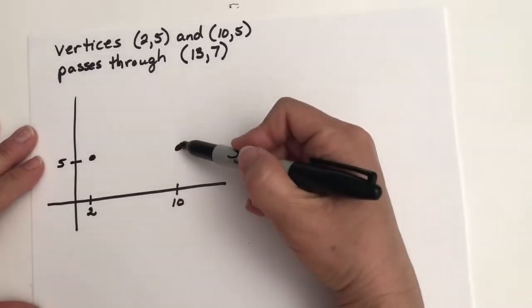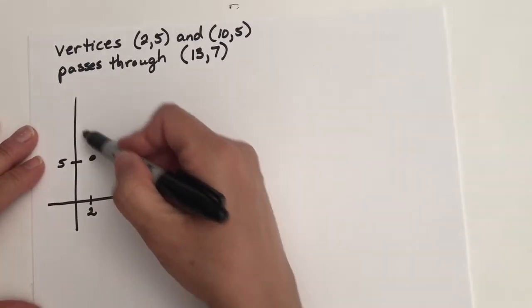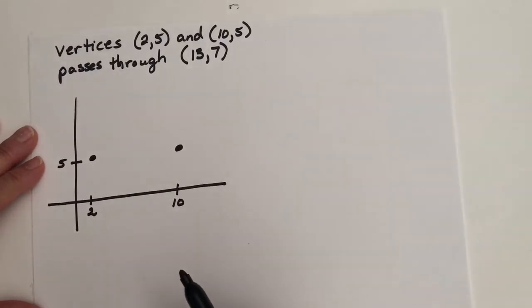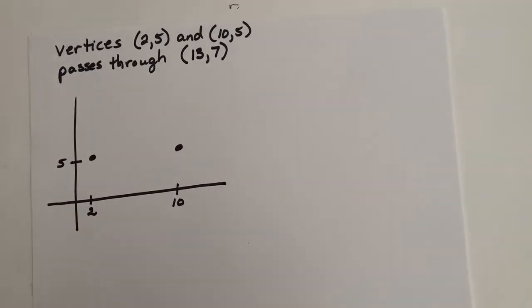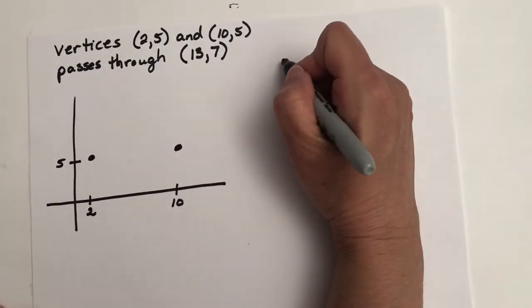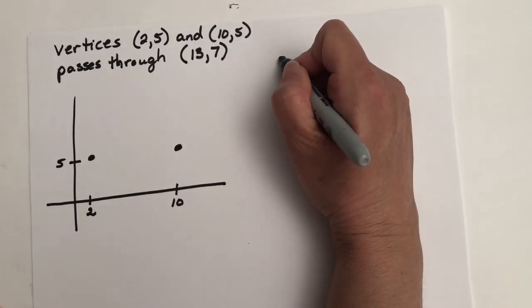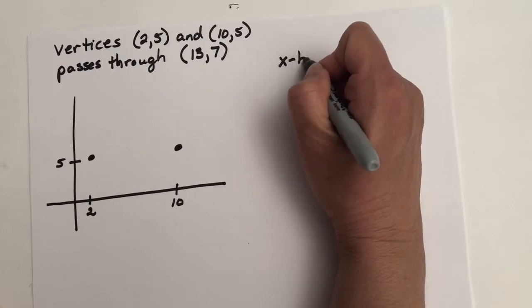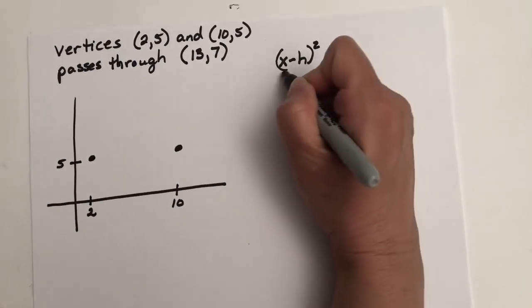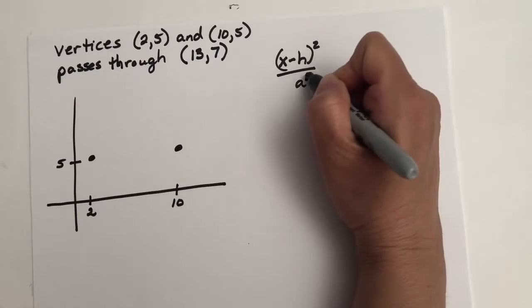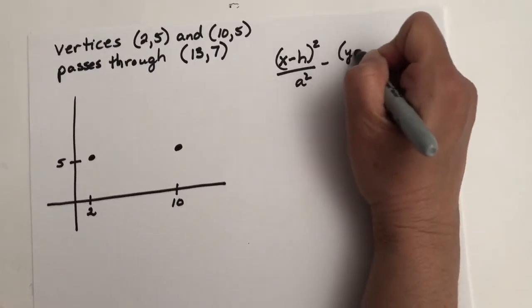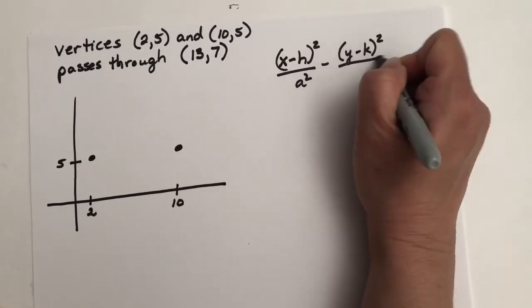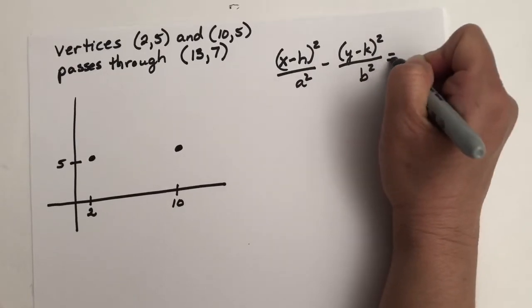So again, I can tell we have a hyperbola that opens right and left. So I'm thinking about the standard form of the hyperbola being something that looks like this: instead of just x squared, how about x minus h squared over a squared minus y minus k squared over b squared equals 1.